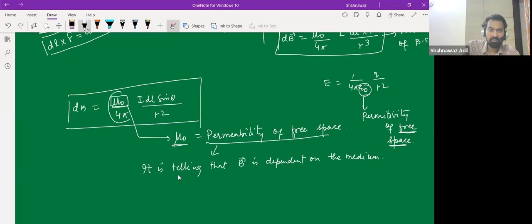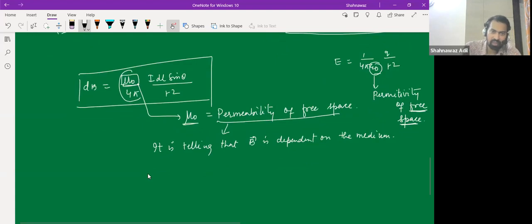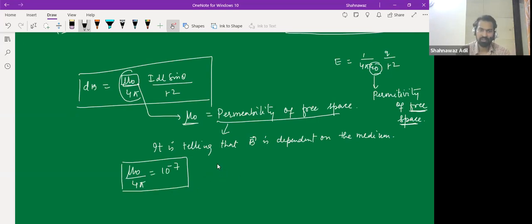And there is a very interesting relation between mu naught and epsilon naught. So let's say that the value of mu naught by 4 pi is 10 to the power minus 7. And can you tell me what is the value of 1 by 4 pi epsilon naught?